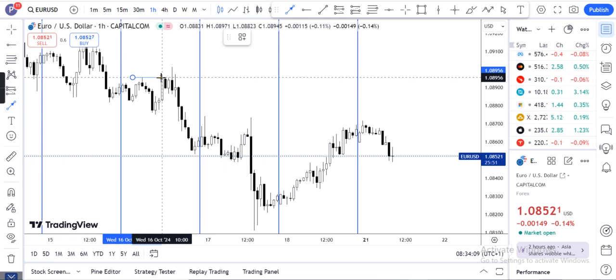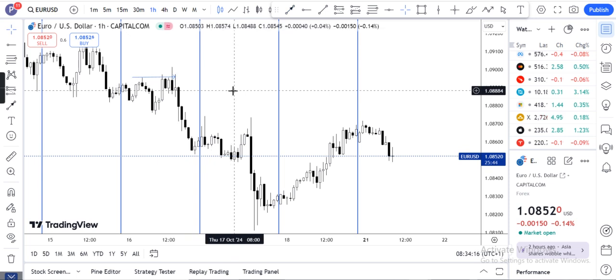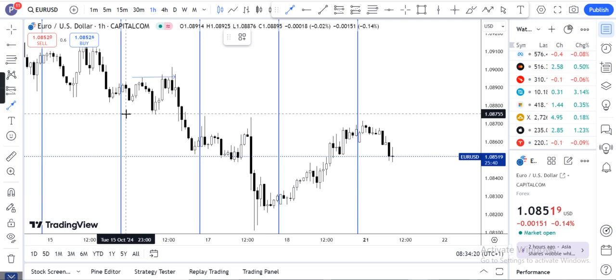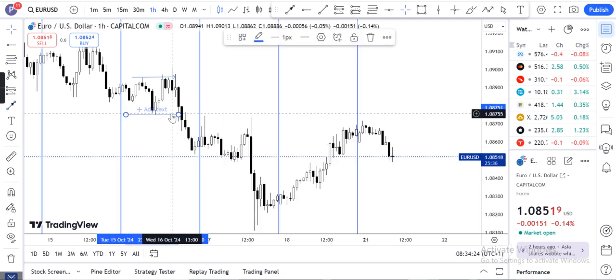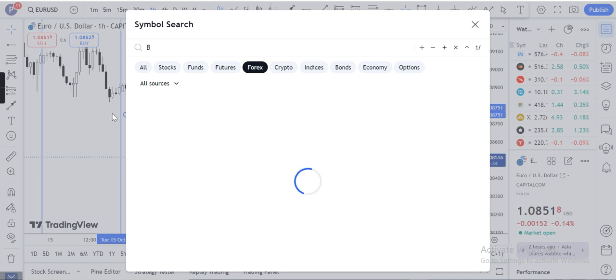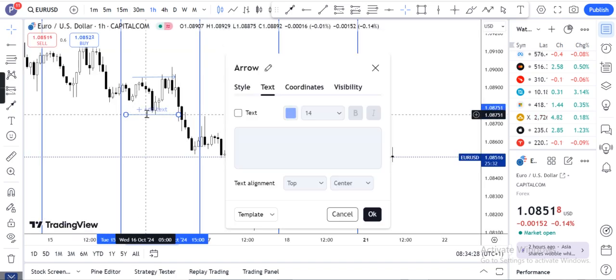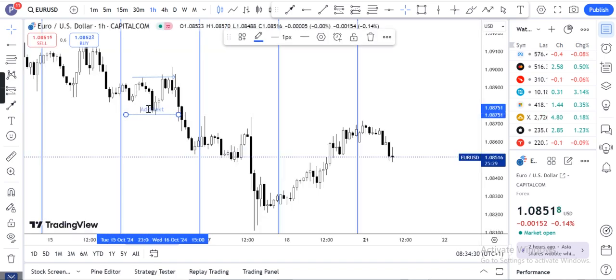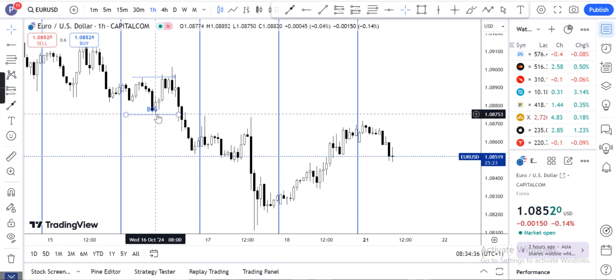So we have this point, which is our level of liquidity. And then this is our level of break of structure. This is our BOS. So this is our break of structure here.